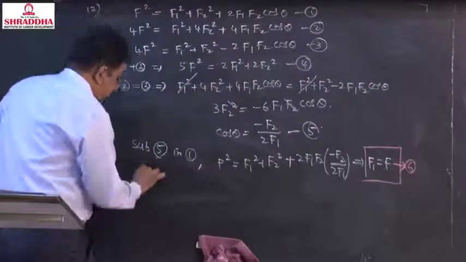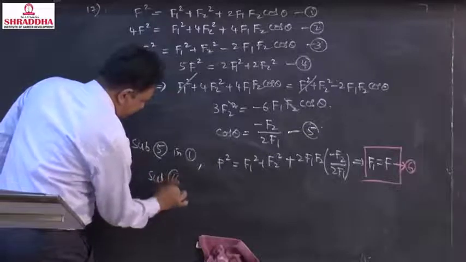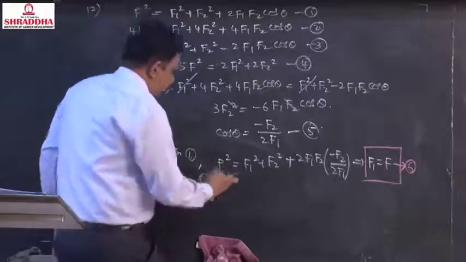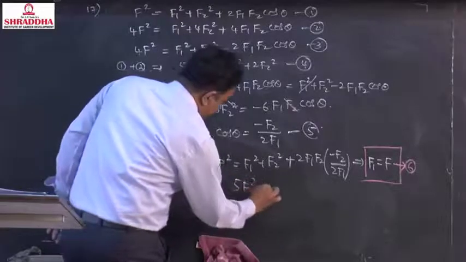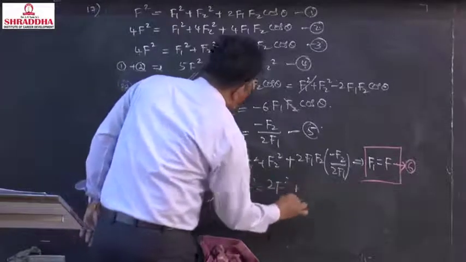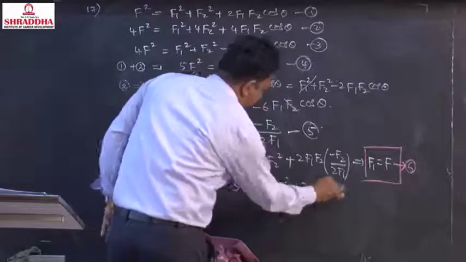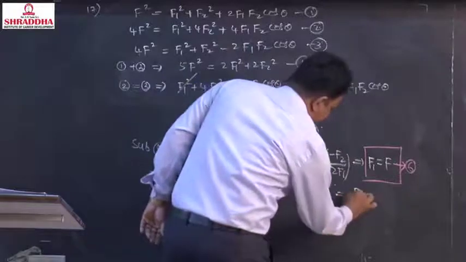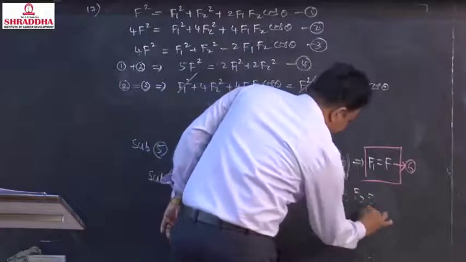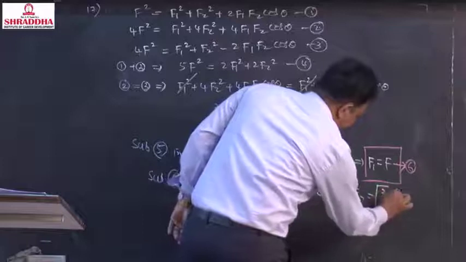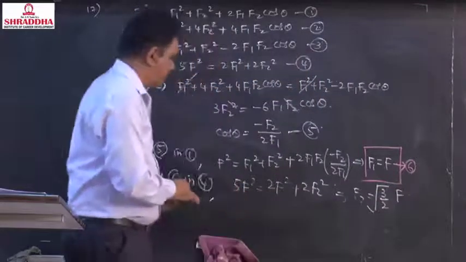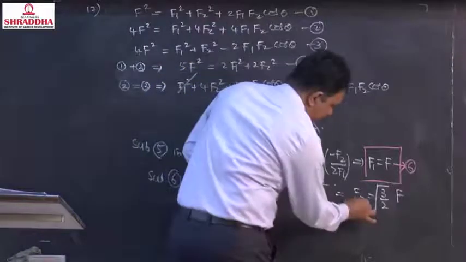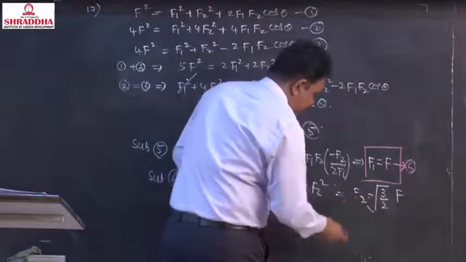Substituting 6 in 4, what we will get here, 5F square is equal to 2F square plus 2F2 square. Then F2 is equal to root of 3 by 2 into F. Like that we got the values of F1 and F2.